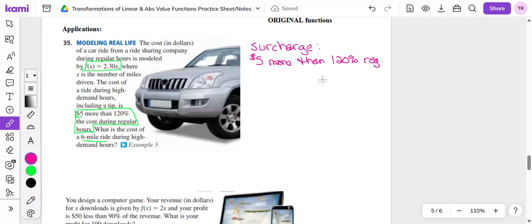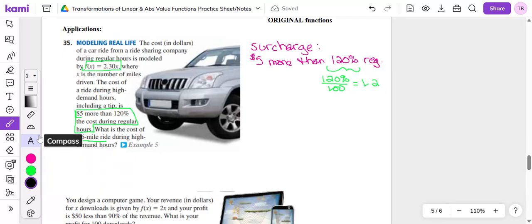Okay, again, as I was saying, we don't put percentages inside things. So I want to convert that 120% into a decimal. If you don't know how, you take the 120% and divide it by 100. I have 1.2. So that's the surcharge. It's 1.2 of the original amount.